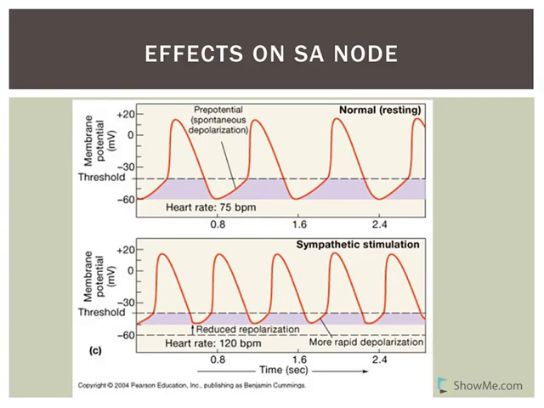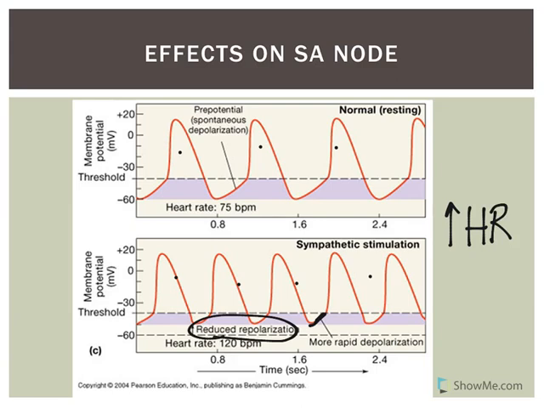So what we're going to see as a result on, say, the SA node is a much more rapid depolarization here. We're closer to threshold, and you have a reduced repolarization. So ultimately, if you just count here versus this, heart rate has increased. So that's one of the things.